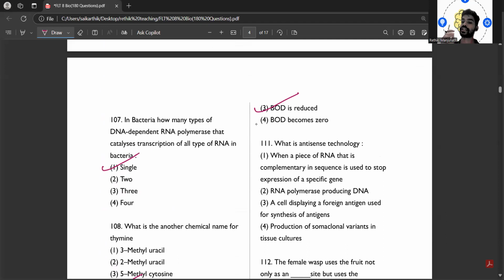The sewage water is treated till the BOD is reduced. The BOD test measures the rate of uptake of oxygen by the microorganisms in the sample of water, and thus, indirectly, BOD is a measure of the organic matter present in the water.